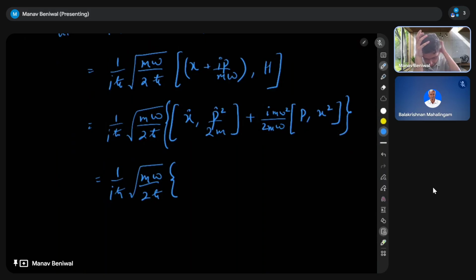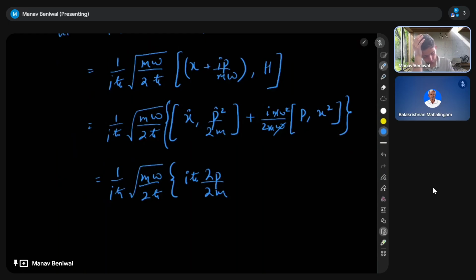So then this m will cancel, so this becomes iota omega by 2, and this first term, x comma p, we know that the commutator of x comma p is iota h cut, right, so this then becomes iota h cut and 2p over 2m.